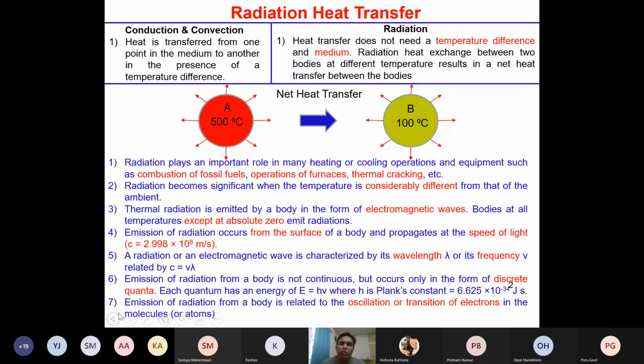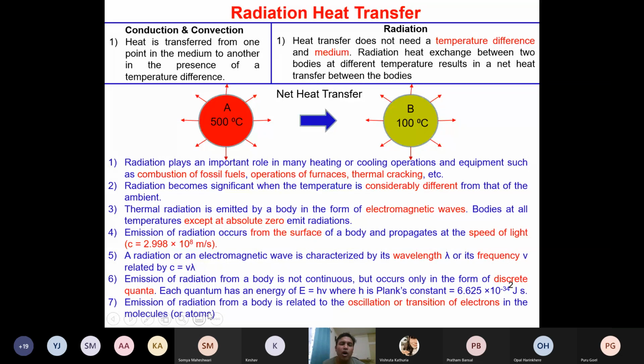Again, emission of radiation from a body is not continuous, but it occurs in the form of discrete quanta. Each quantum has an energy equal to h nu, where h is Planck's constant, given as 6.625 × 10^-34 joule second.